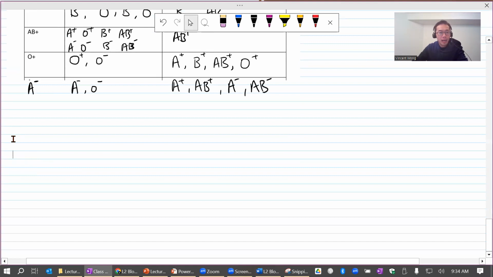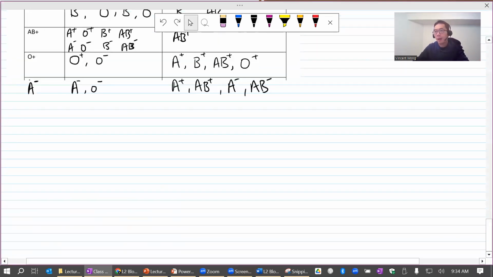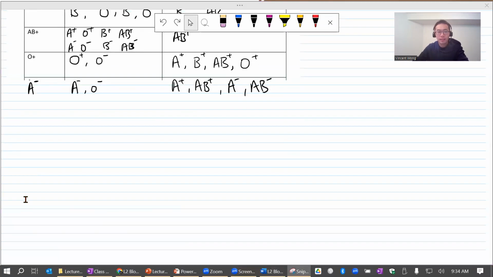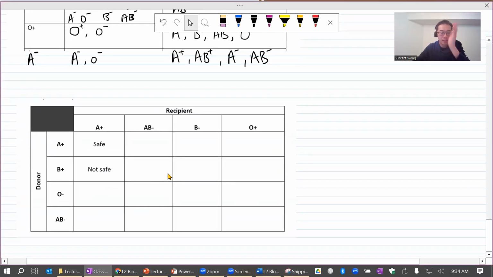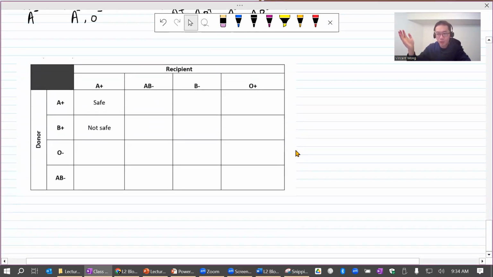Now, let's take a quick break. But if you don't need a break, you can try this question. This is number 8 in the study guide. Try not to use the cheat sheet. If you have to use it, fine, but try to push through, think it through.